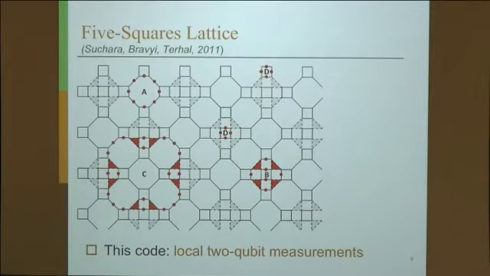So the red objects in this figure are the stabilizers, but they decompose into smaller gauges. And by measuring gauges of weight 2, we can reconstruct the syndrome information. This can be beneficial in situations where weight 4 entangling measurements are too expensive to perform on certain quantum technologies.